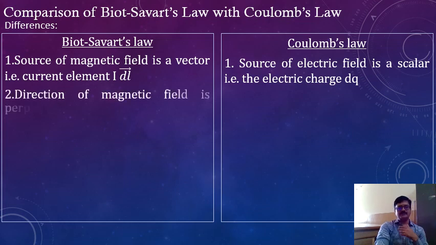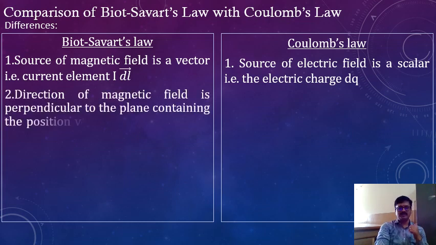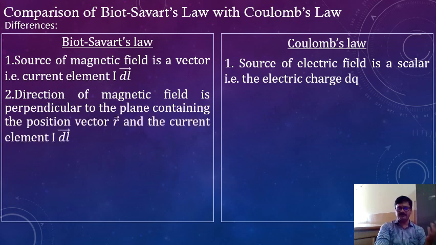Then the second point: in Biot-Savart law, the direction of the magnetic field is perpendicular to the plane containing the position vector, vector r, and the current element I into vector dl. Correct? That means I am talking about the cross product.